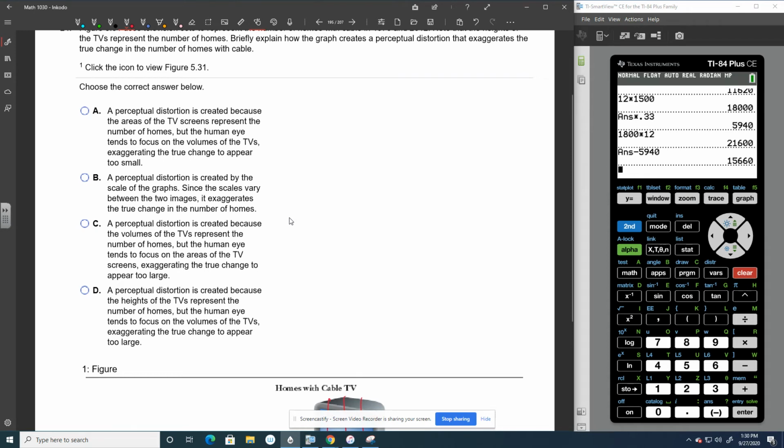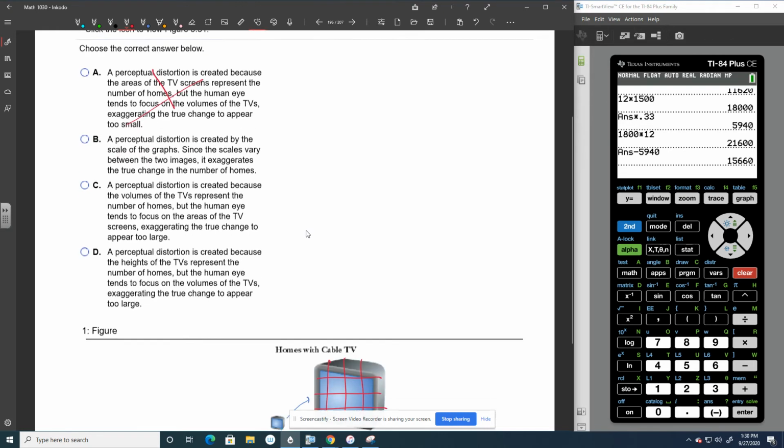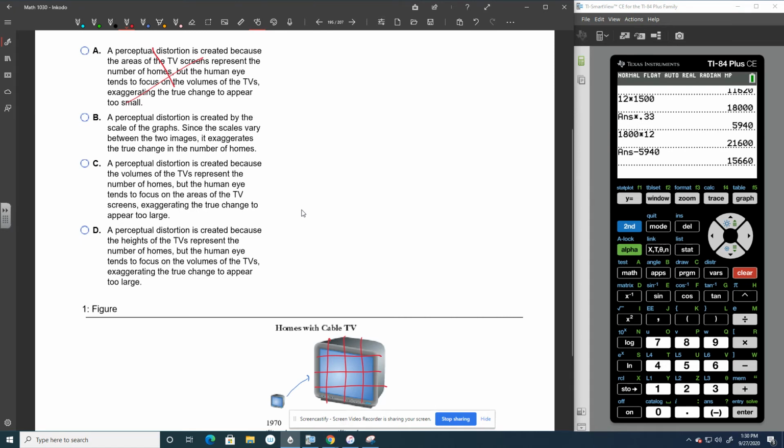The perceptual distortion is created because the area of the TV represents the number of homes, but the eye tends to focus on the volumes. Not exaggerating the true change to appear too small. It definitely doesn't appear to be too small. A perceptual distortion is created by the graphs, since the scales vary between the two images, it exaggerates the true change. The scales, that's not our issue here.